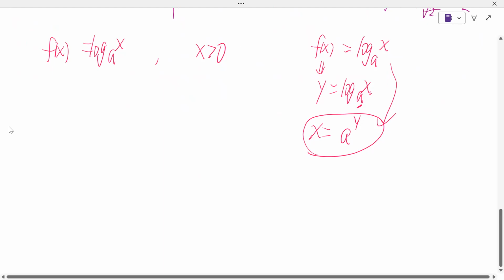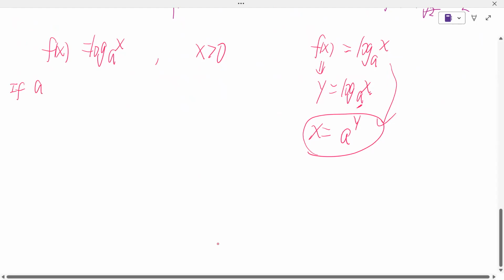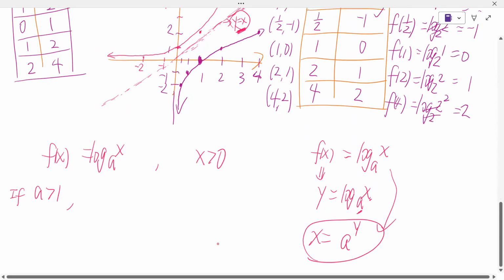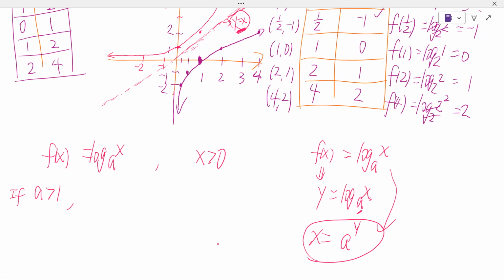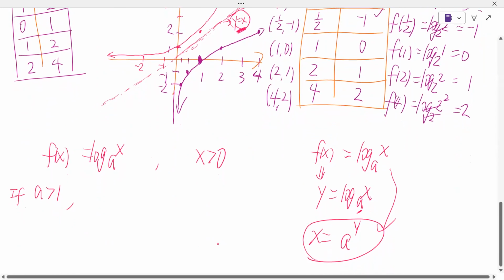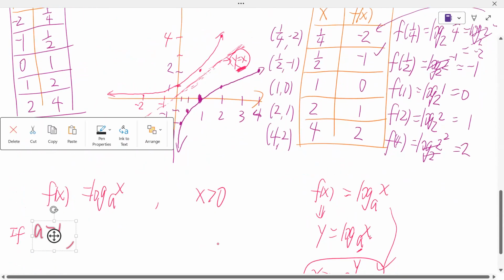Now let's look at some general properties, right? So there are two different types. If a is greater than 1, that means it will be increasing. From left to right, in this case, we draw log 2x, right? So 2 is greater than 1, so that's why from left to right, it's increasing.